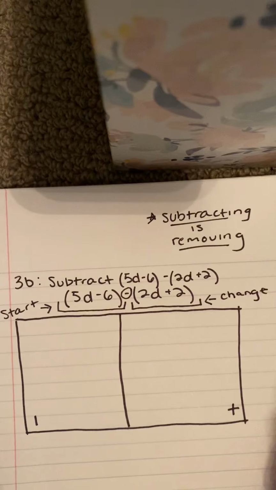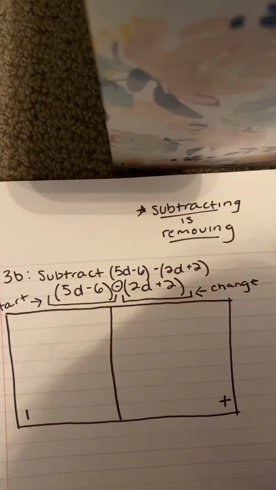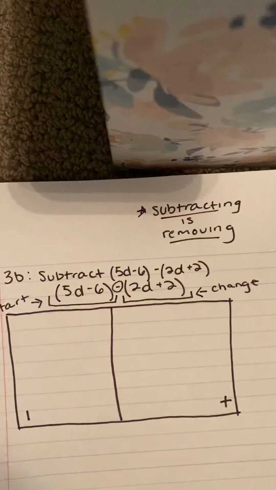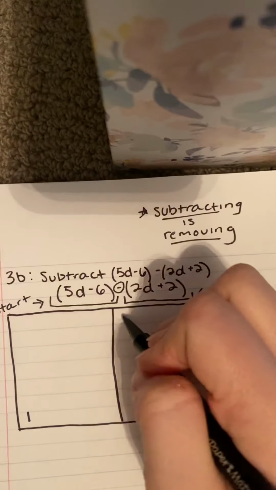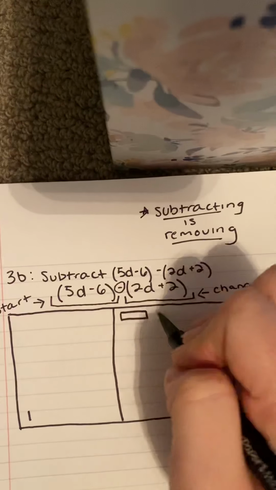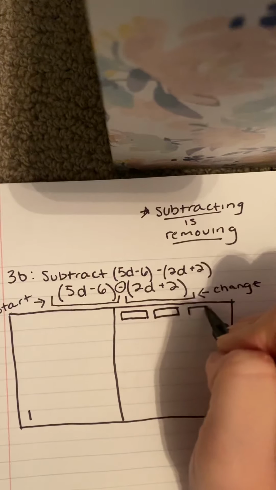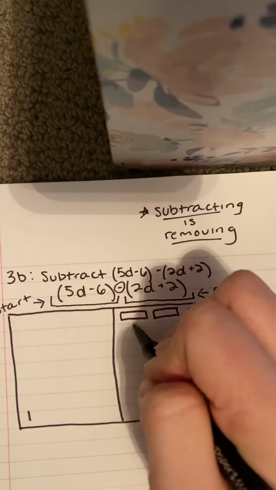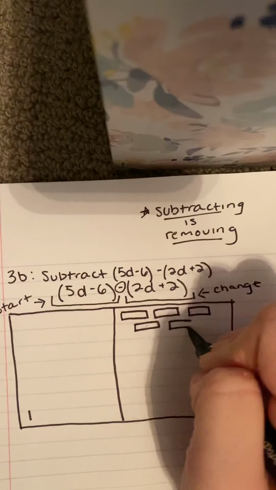So to do this, we have to start with the beginning, which is the start. What we are given is 5d minus 6. So we have to draw that out. So 5d is positive. So d is going to be represented by all of the same rods. So we're going to draw 5 rods to represent d. 1, 2, 3, 4, 5.